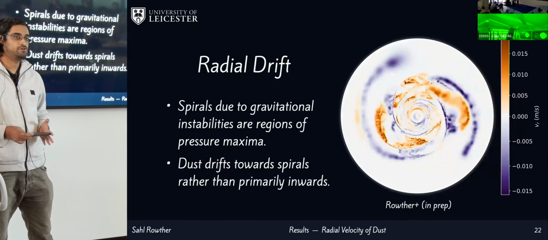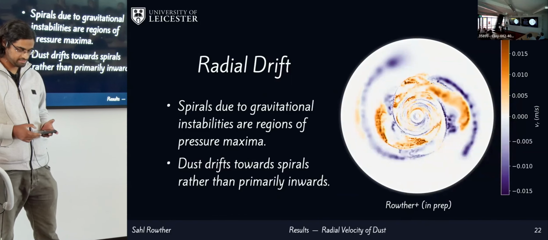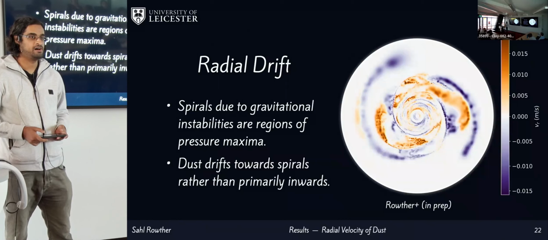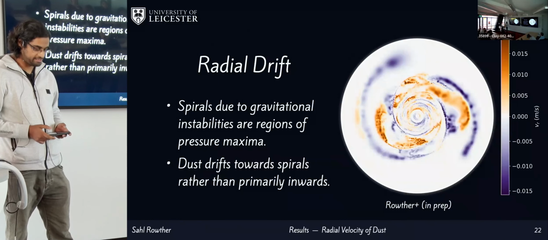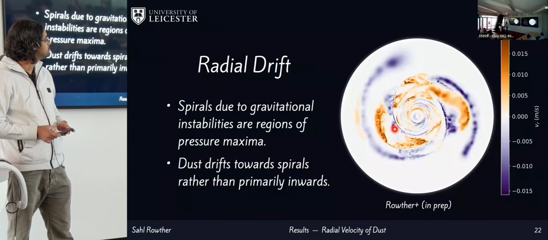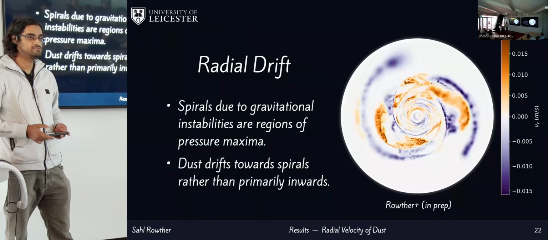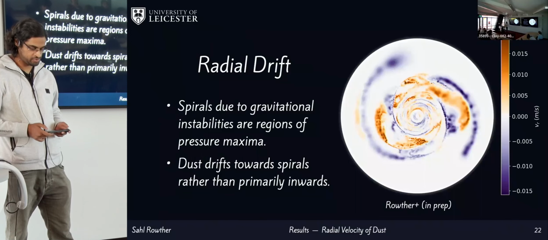So, as you saw from the last few slides, a gravitationally unstable disk is not a smooth disk. The gas spirals are regions of pressure maxima where the dust will drift towards, and this is most easily seen over here, where you can see that the dust drifts both inwards and outwards depending on its location relative to the spirals.